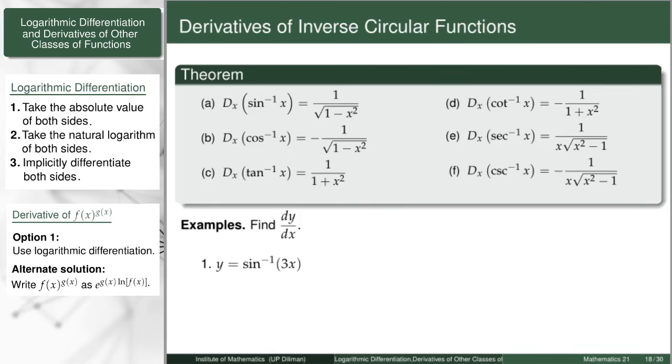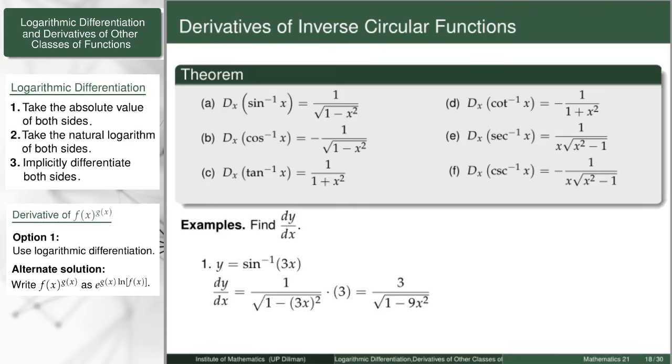So for example, the derivative of y equal to sine inverse 3x will just be, I'll express it as 1 over square root of 1 minus whatever the argument is, (3x) squared, and of course, you multiply it with the derivative of whatever is the argument or whatever you placed inside, and that is a 3, giving you the final answer of 3 over square root of 1 minus 9x squared.